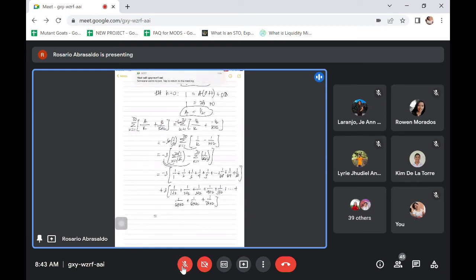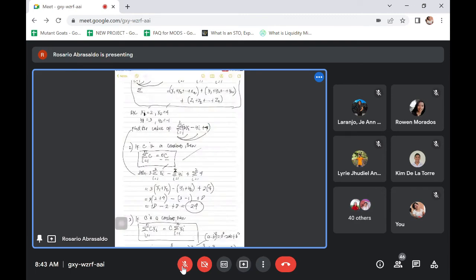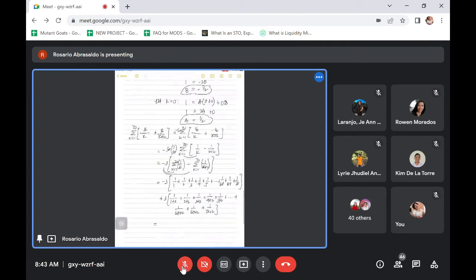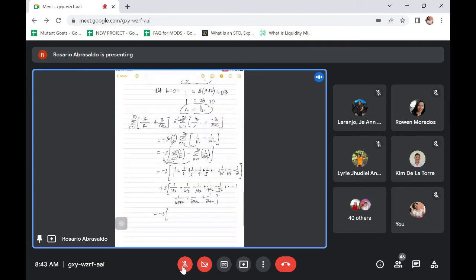I'm going to divide this one, class. So this negative 3 divided: 1 over 1, plus 1 half, plus 1 third, plus 1 fourth, plus 1 over 5, plus that, plus 1 over 68, plus 1 over 69, plus 1 over 70.